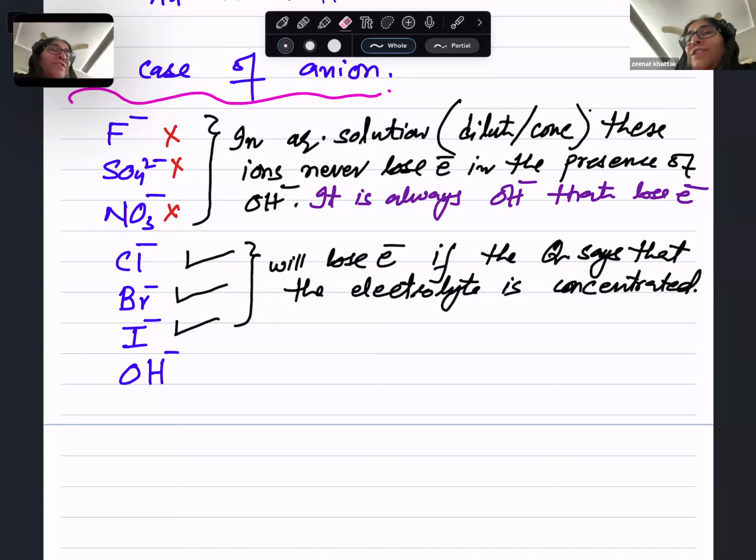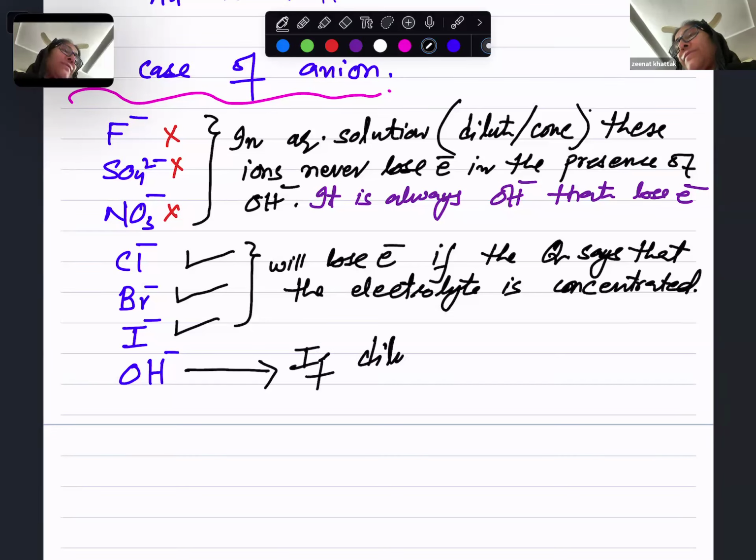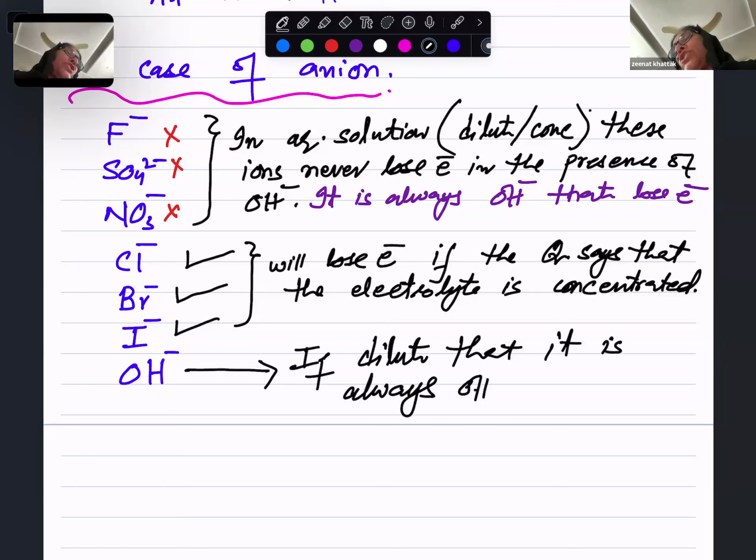But if it is dilute, then it is always OH that loses electron, right?